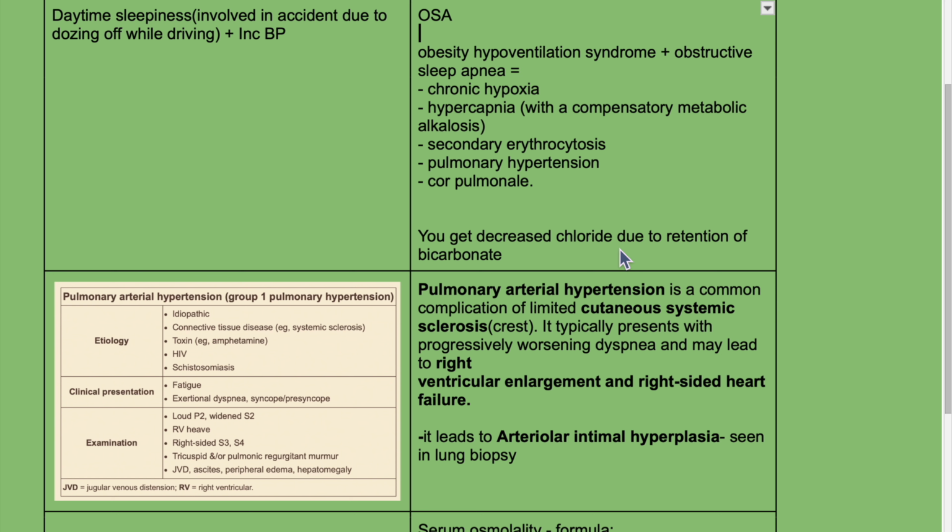You get decreased chloride due to retention of bicarb. Why? Because of chronic hypoxia and increased hypercapnia, you get acidosis, so you start retaining bicarb to level that out, and since it is in equilibrium with chloride, you will have decreased chloride.